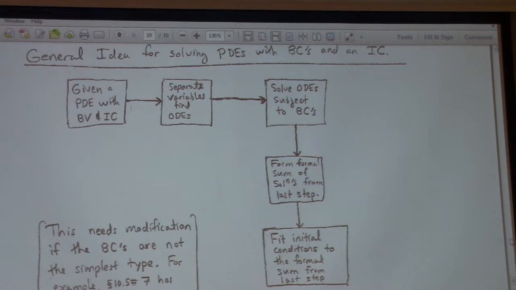Now, like I said, this needs modification if the boundary conditions are not of the simplest type. For example, you can look at that in Nagel, Saff, and Snyder. There's actually a lot more. If you look at an honest-to-goodness grown-up PDE book, the total algorithm for solving PDEs of this kind is something like a 3-page process. It's like 15 steps. My brother found it in some book.